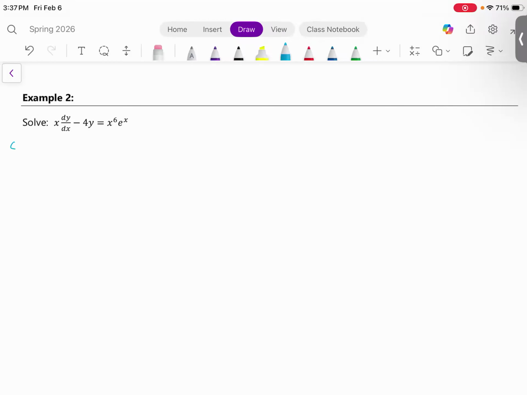You want to start off by getting our derivative dy over dx naked. So we're going to divide by x. Okay, we're going to clear that out. So divide by x to both sides.